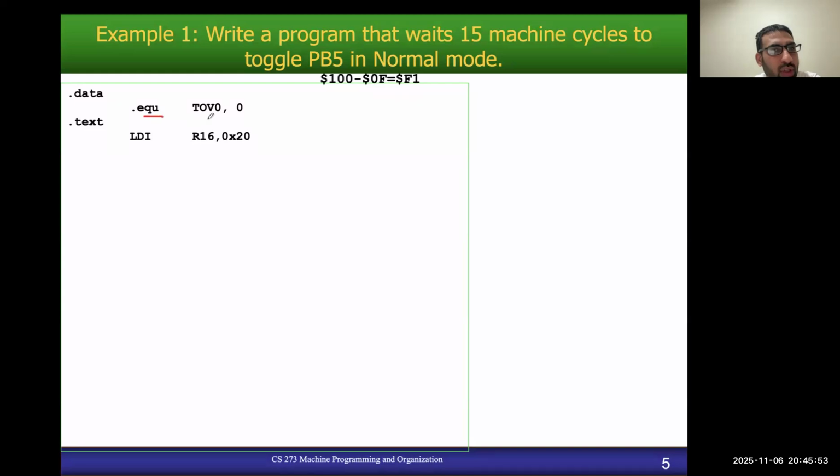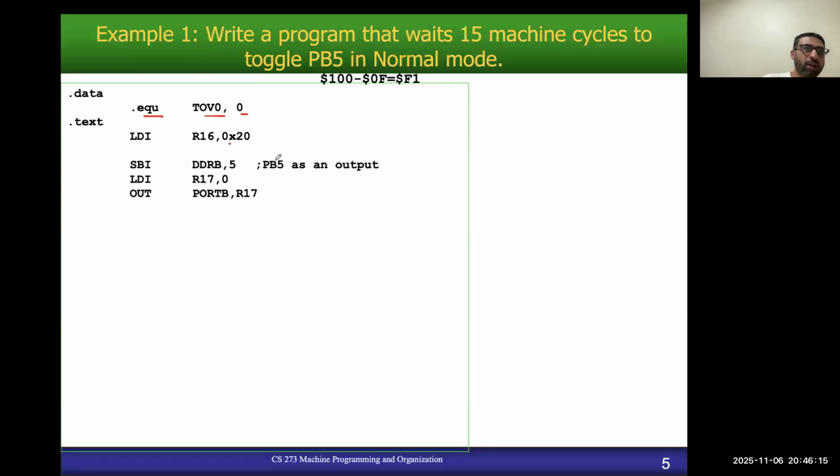We're using the directive to set TOV0 equal to 0, right? And then we are loading 0x20 into R16. Why? It will become clear. I don't remember, but let's continue, and then it will become clear why we are putting 0x20 in R16.